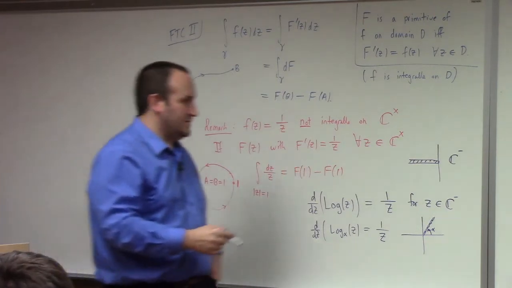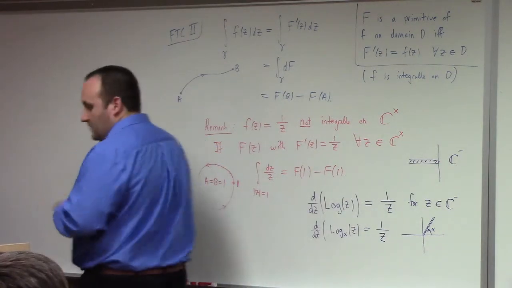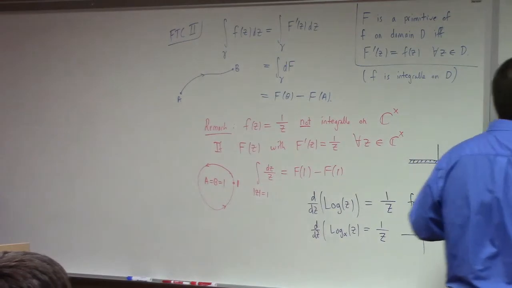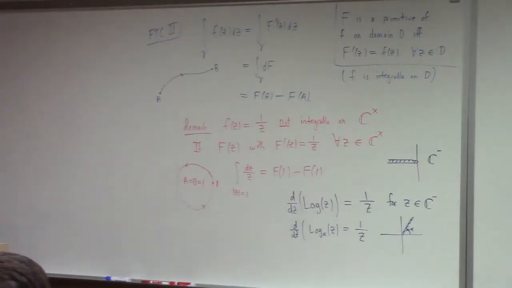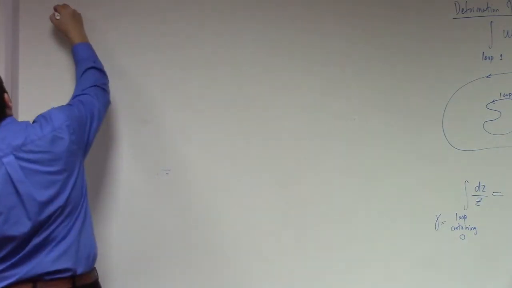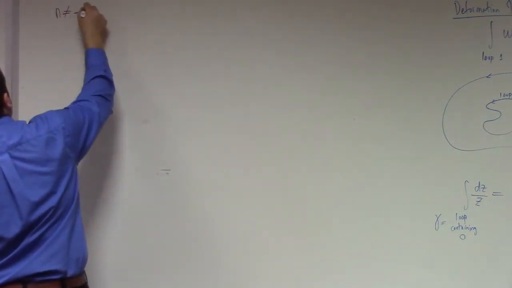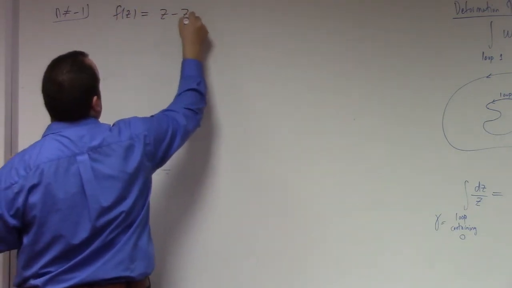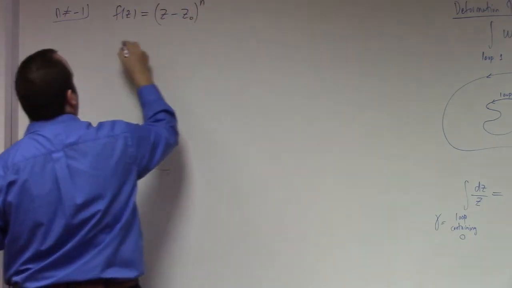Now, what's the difference between 1 over z and anything else? Why did we calculate 0 earlier today? What was the difference with that one? What's the antiderivative? Let n not equal to minus 1. Consider f of z equal to (z minus z naught) to the n power. What's the antiderivative?